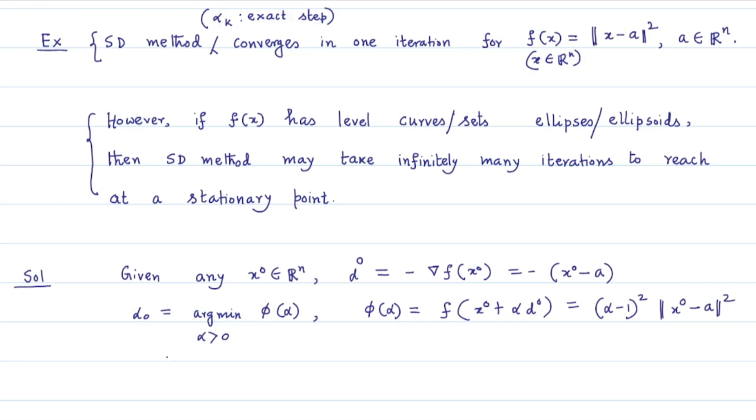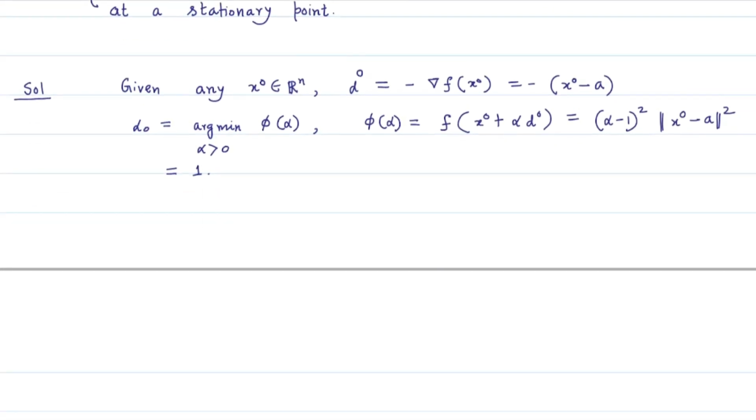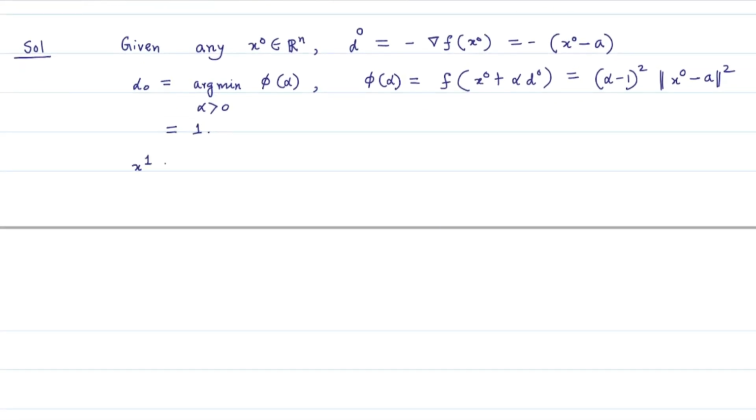Therefore the value of alpha naught is equal to 1, and hence the next iterative point x1 is given by x naught plus alpha naught d naught, which is equal to x naught plus 1 times minus x naught plus a, which is equal to a.